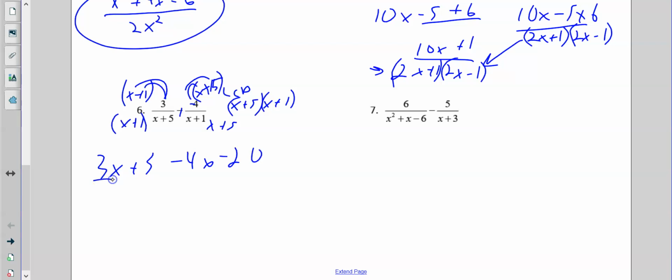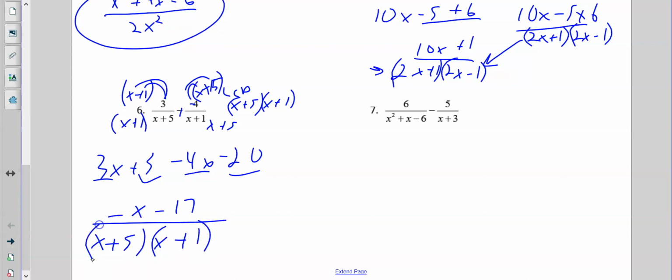I'm just going to join like terms. So that's negative x minus 17 over x plus 5, x plus 1. Okay? And that's really all you can do. You could factor a -1 out of the top and get -1 times x plus 17, but that really does not help at all.